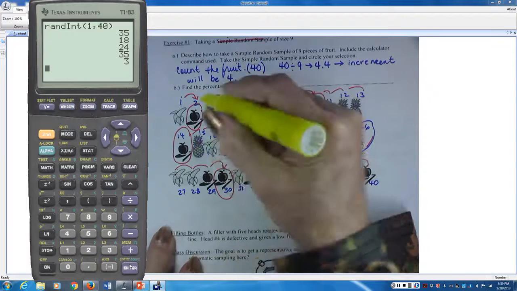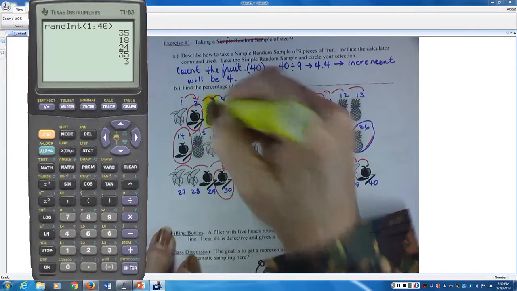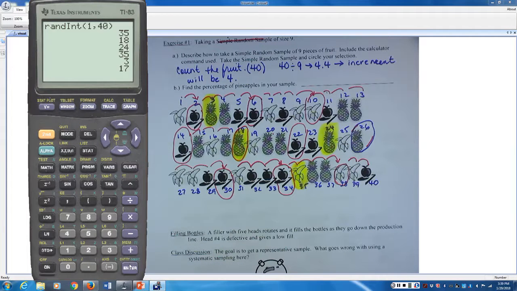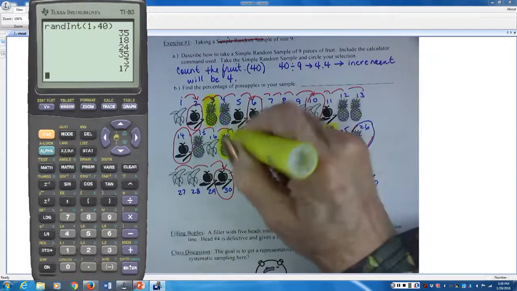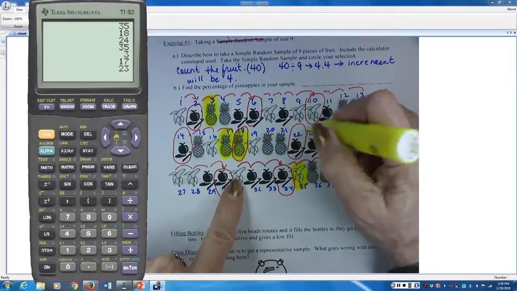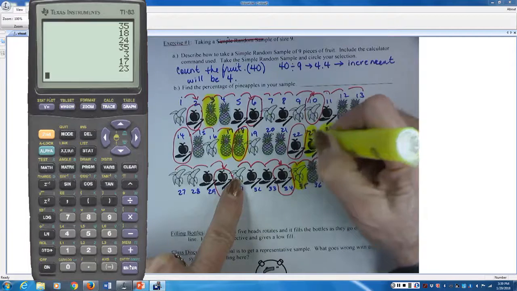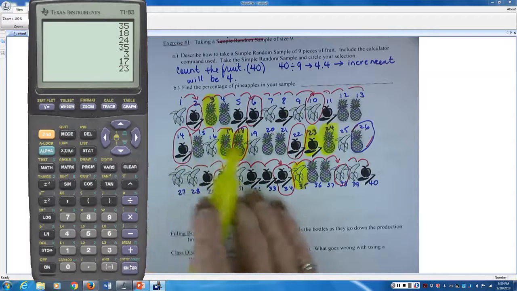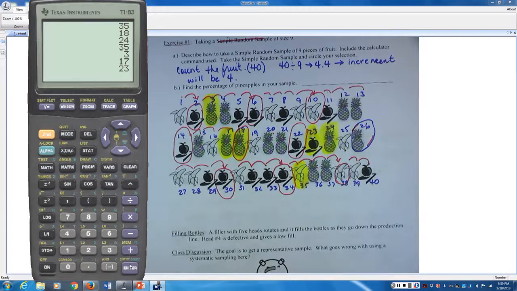Piece of fruit number 3. Hit enter again, it says number 17. Hit it again, it says number 23. So I've got 1, 2, 3, 4, 5, 6. I need 3 more. Number 19.